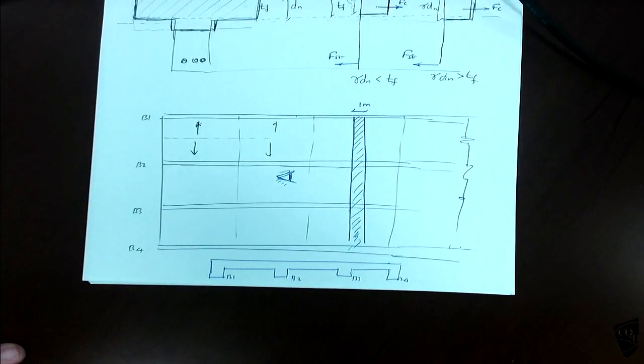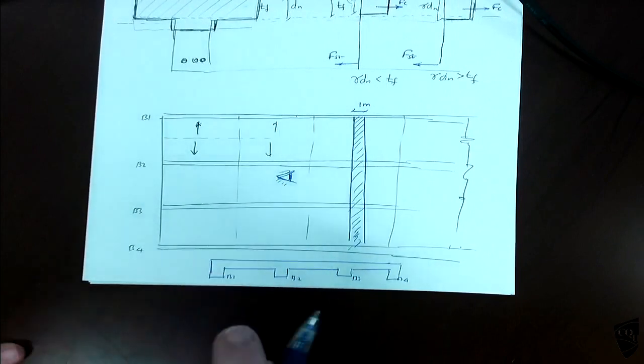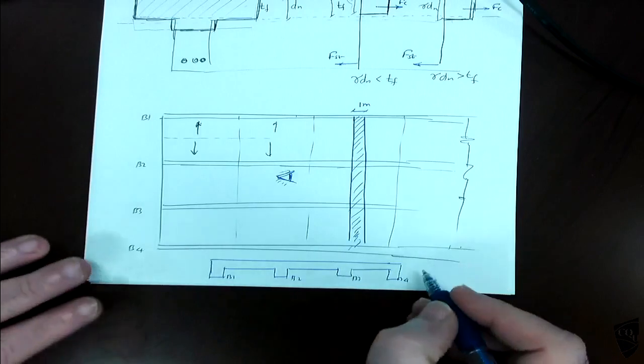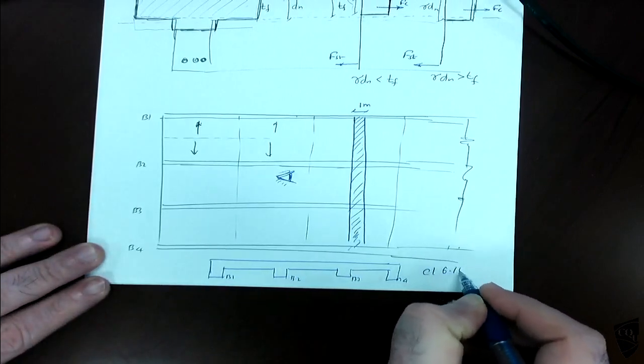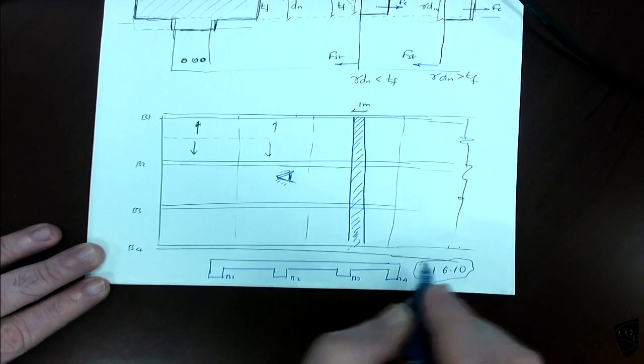So we need to design this one. So this is one-way slab. We can use clause 6.10 to draw the bending moment diagram.